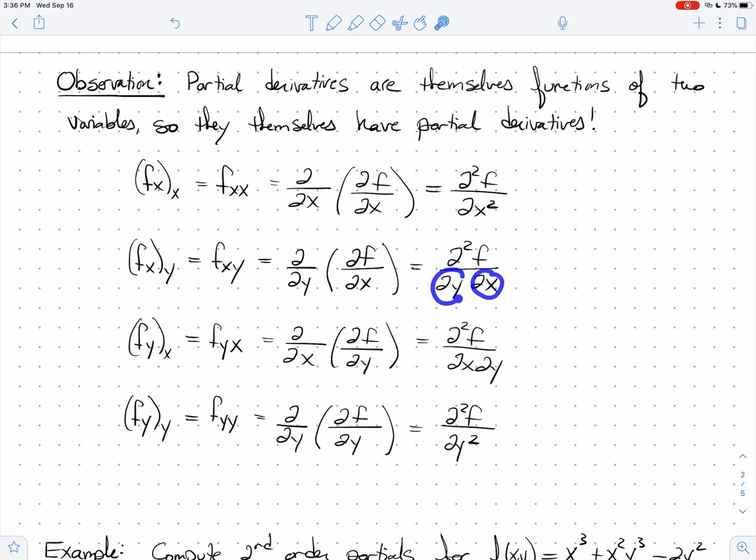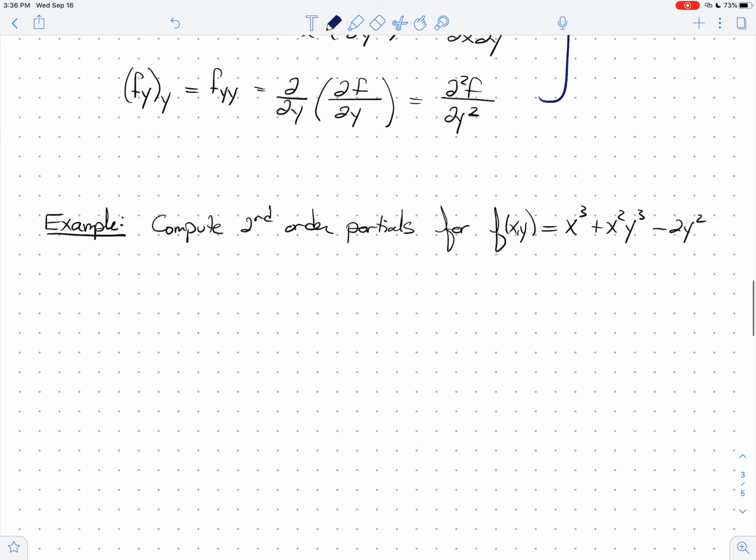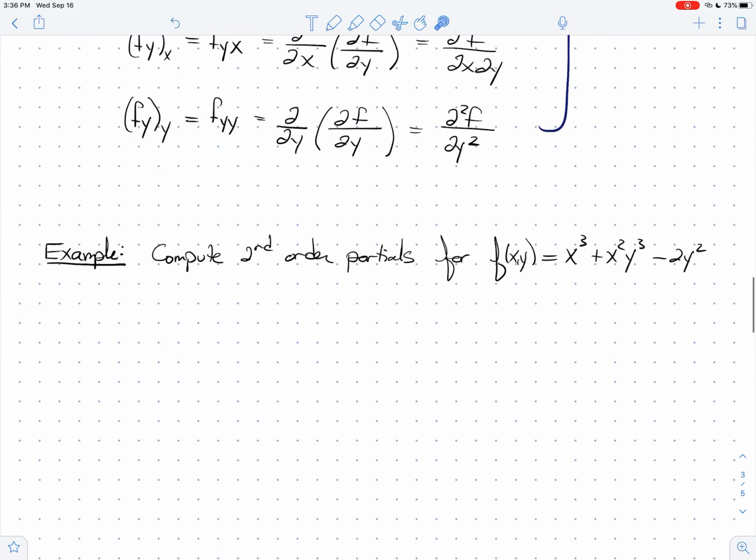Partial x and then partial y of partial x. So make sure that you realize that the order of the symbols changes depending on the notation style that you use. And so let's just go ahead and say that all of these are referred to as second order partials.